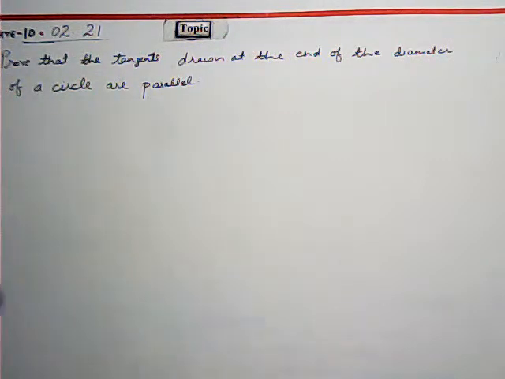Prove that the tangents drawn at the end of the diameter.